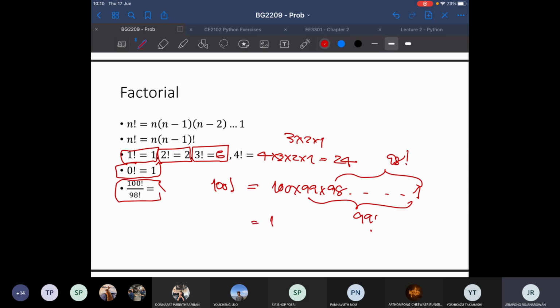So I can write it equal to 100 multiplied by 99 factorial. Or I can write it into 100 by 99 by 98 factorial, right? So I'm going to choose this one to write this 100 factorial. So 100 factorial is 100 by 99 by 98 factorial.